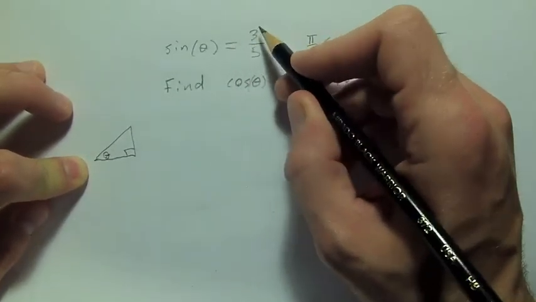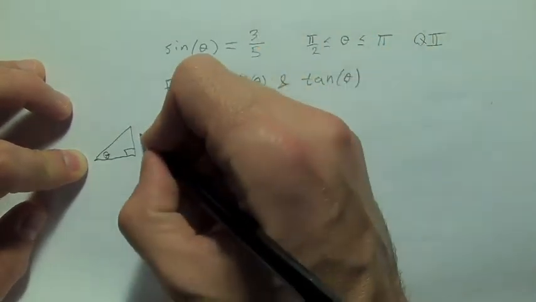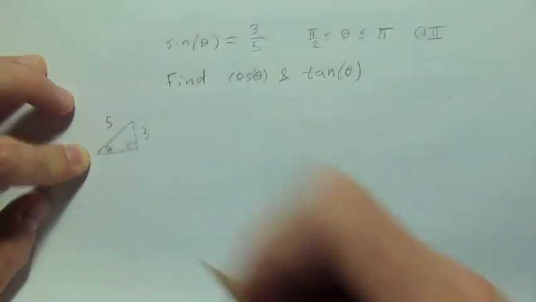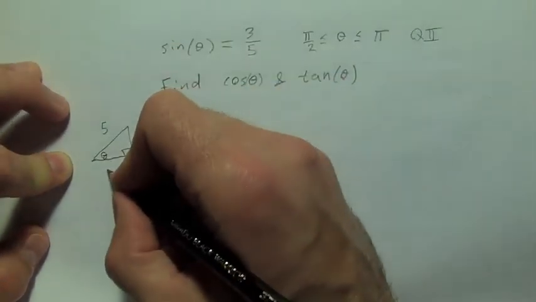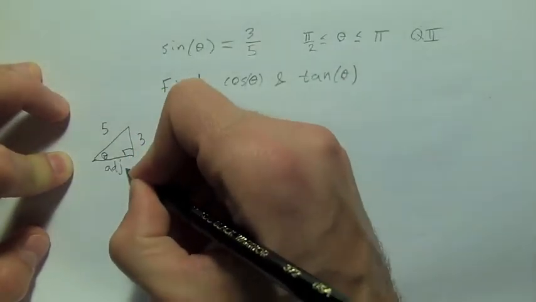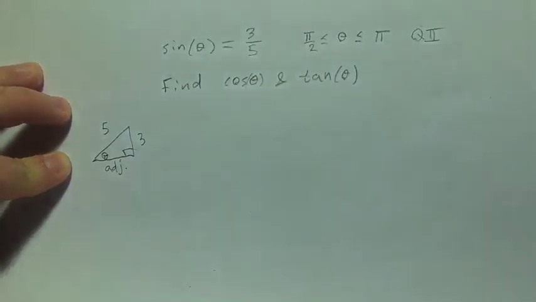Now remember, sine is opposite over hypotenuse if I'm looking at a right triangle, and all I have missing in this triangle is the adjacent side, right?